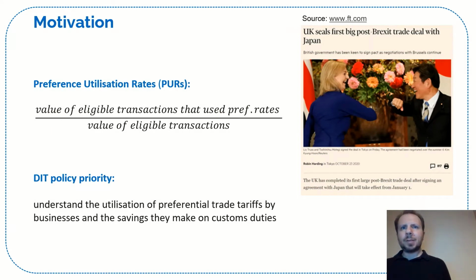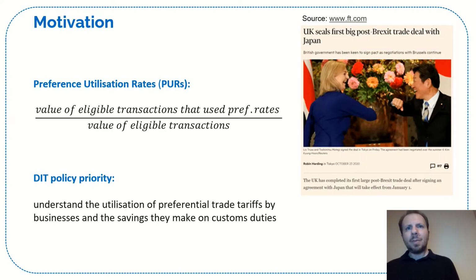PURs measure the extent to which businesses make use of the zero or reduced tariffs available, and they can be defined as the proportional value of eligible transactions that used preferential rates. The main incentive for the usage of preferential tariffs is the reduction in duties.